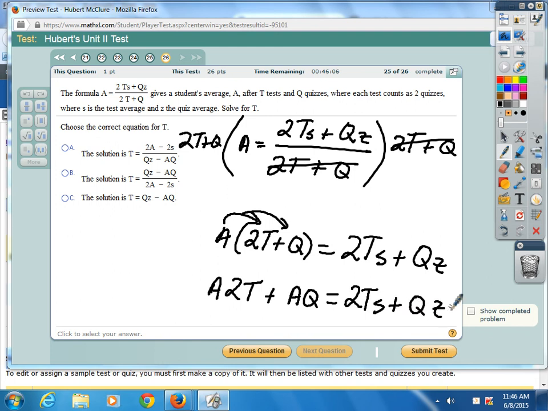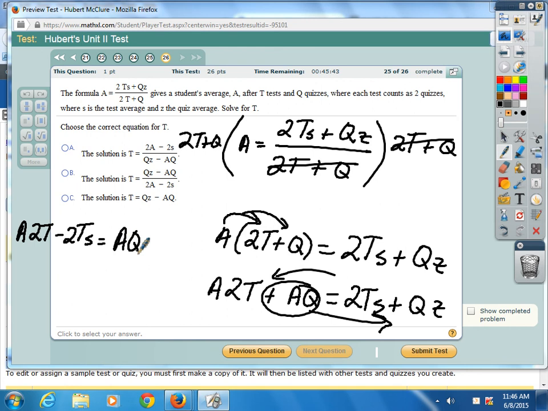And now what do we got to do with the T's? Get them on one side first. 2AT minus 2TS is equal to AQ plus QZ.